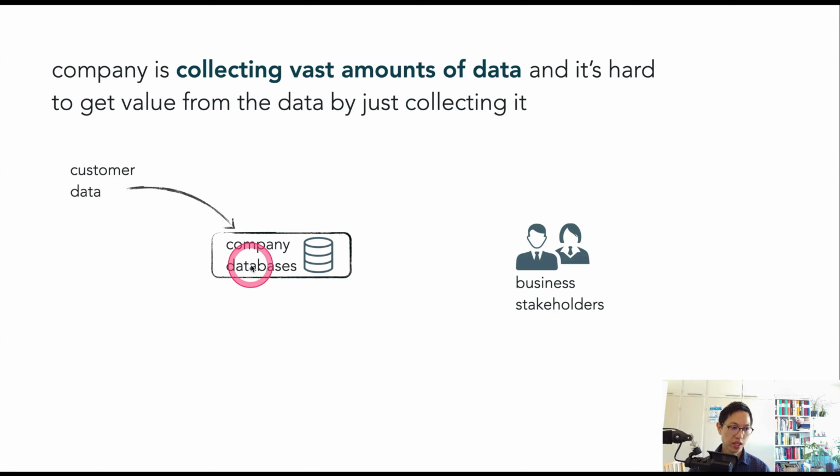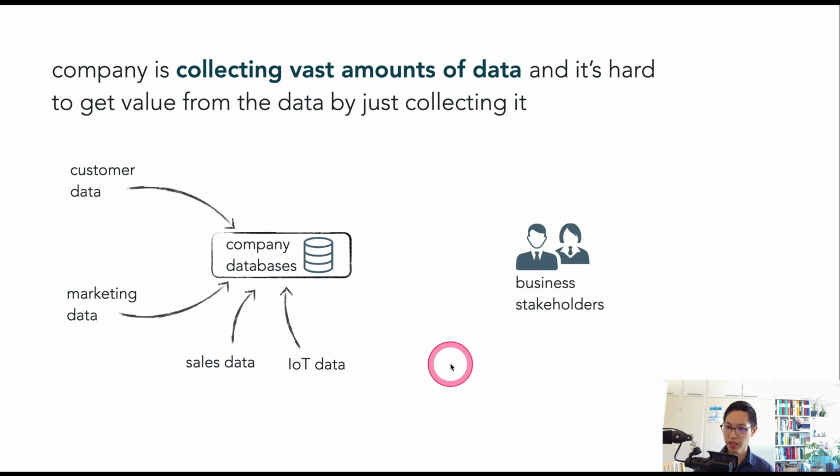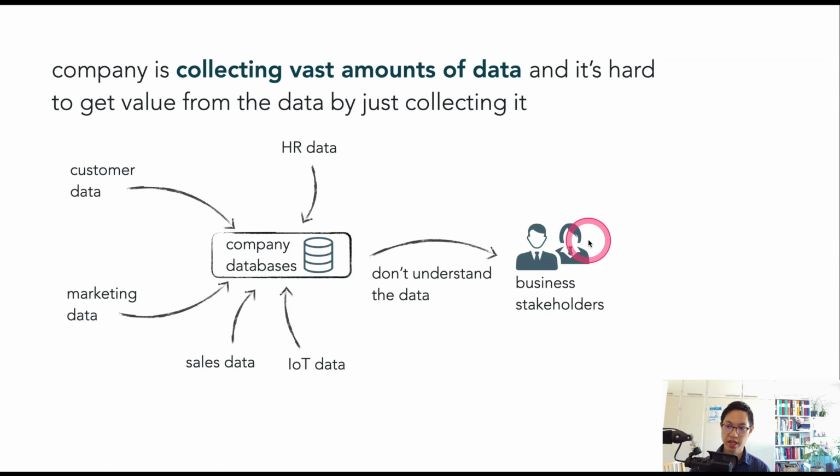So we collect customer data, we collect marketing data, sales data, IoT data, we collect HR data, and the business stakeholders, they don't understand the data. So maybe they talk to the technical team and the technical team show that, yeah, here is the data. Okay, it's a lot of rows, maybe it's tens of millions of rows, and yeah, how can we understand it?